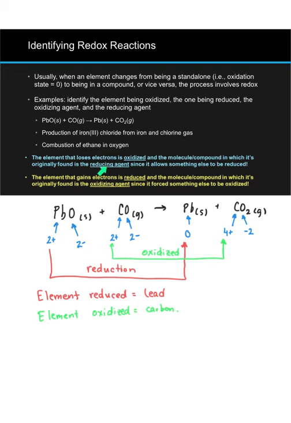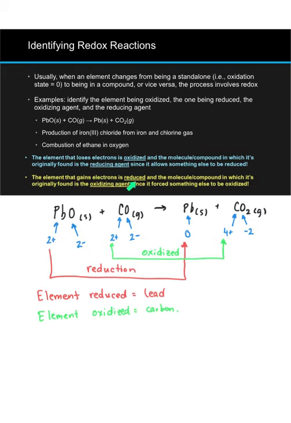In order to facilitate somebody else getting reduced or gaining electrons, a reducing agent must lose electrons. In order to facilitate somebody else losing electrons or becoming oxidized, an oxidizing agent must itself gain electrons. The compound, molecule, or substance in which we find the element oxidized is referred to as a reducing agent.